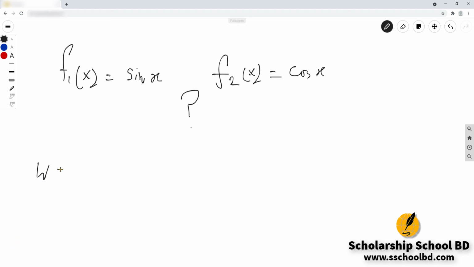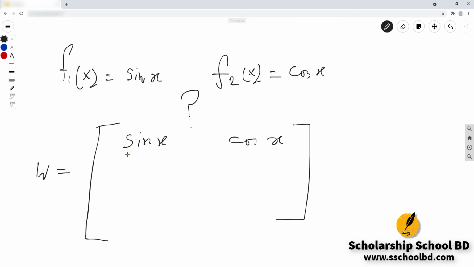Let's write down the Wronskian matrix. The first row would be the given functions, sine x and cos x. And the second row would be the first derivatives: the derivative of sine x, which is cos x, and the derivative of cos x, which is negative sine x.